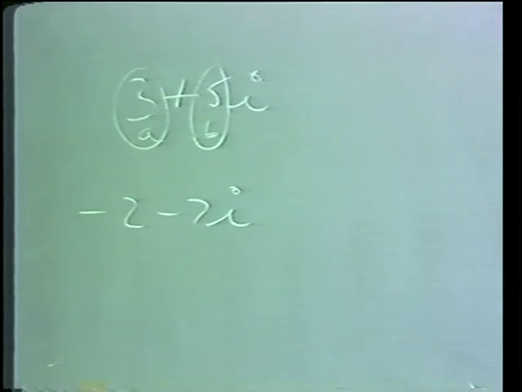Is negative 2, negative 7i a complex number? Not by definition? Why isn't it by definition? Because it just has positive numbers? What did I say? I said a and b must be real numbers. I didn't say positive.